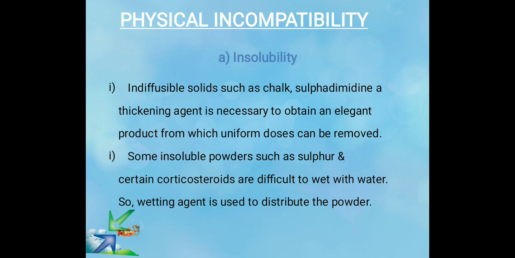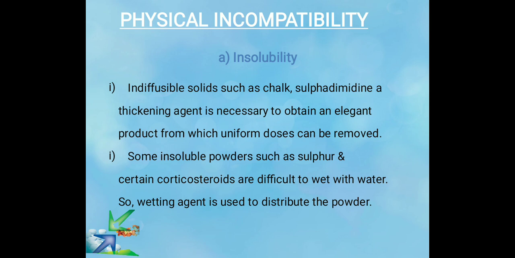For example, indivisible solids such as chalk and sulfadiazine. Now, what are indivisible solids? These are insoluble in water and they do not get evenly distributed upon shaking the container, and that may result in uneven distribution of the drug during dosing.